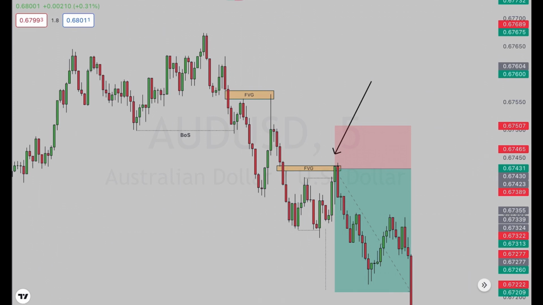Your take profit, if it is not an exponentially big displacement to the upside, in this case you use the symmetrical swing low, project it below that displacement or retracement. That is your take profit.